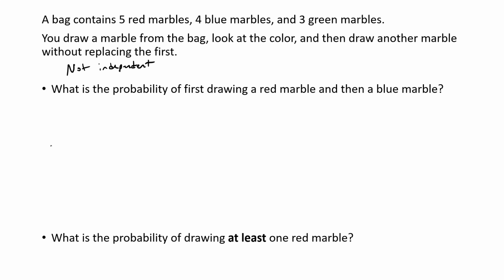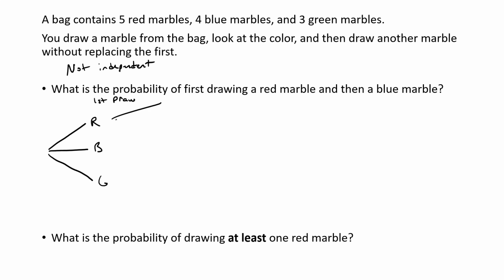So there are two events here. Your first draw, sorry, it could be 3 colors. Your first draw could be a red marble, or a blue marble, or a green marble.